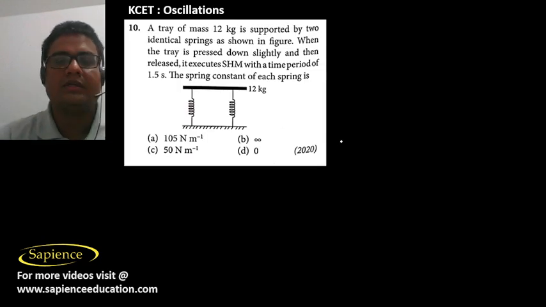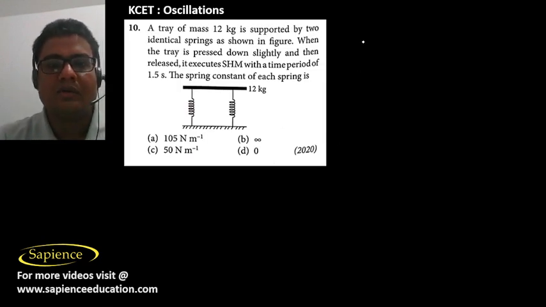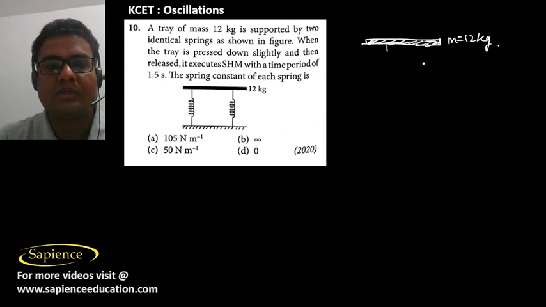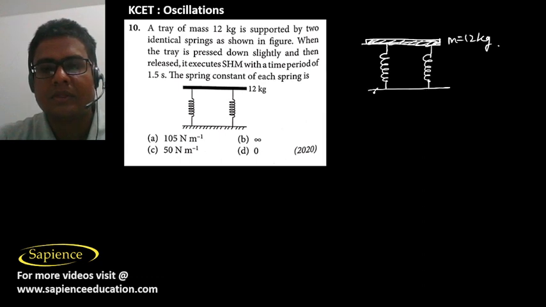So here it has been told that a tray of mass 12 kg is supported by two identical springs, and this is the floor. Identical springs mean their spring constants are also the same.